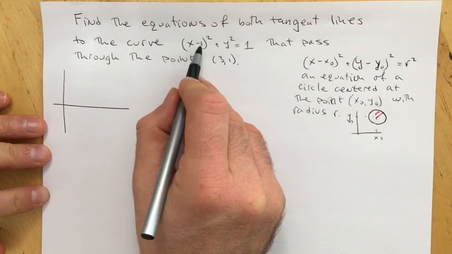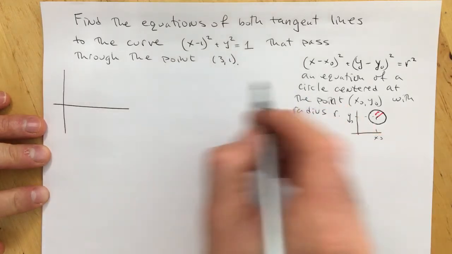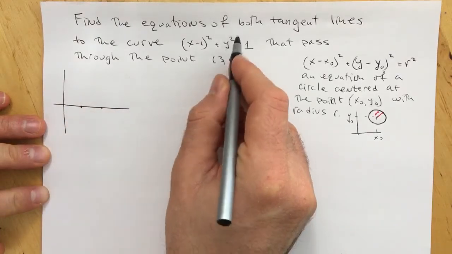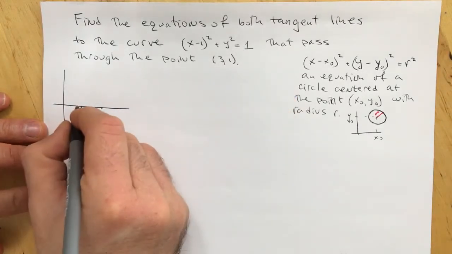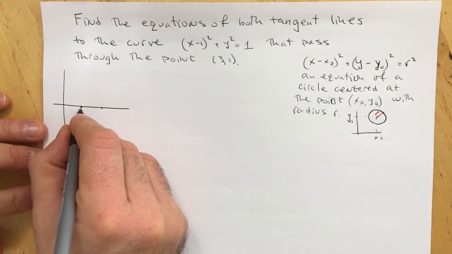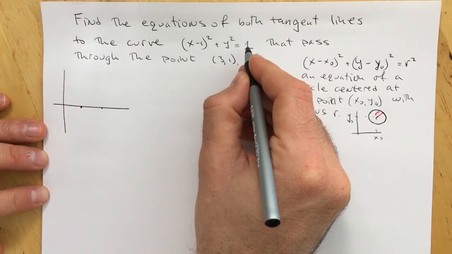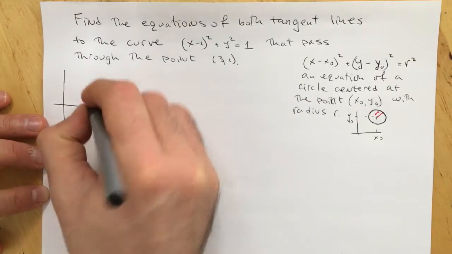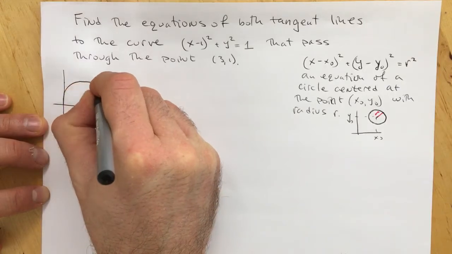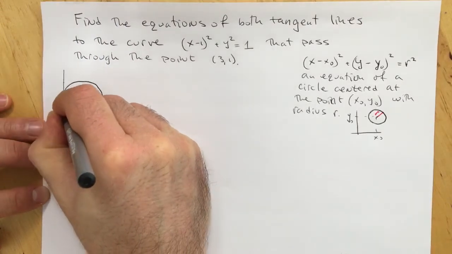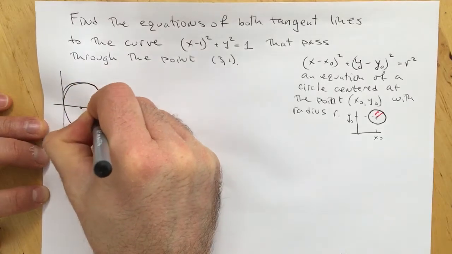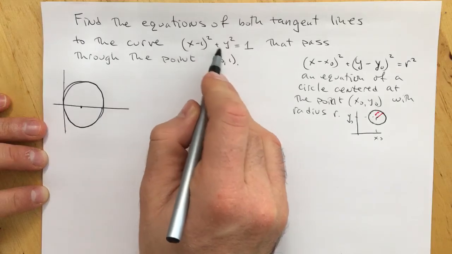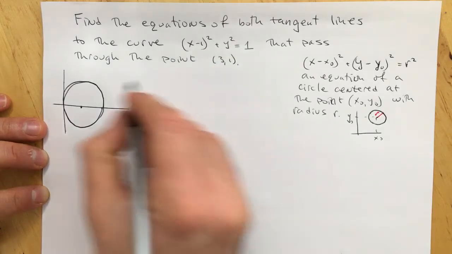I have x minus 1, so it's centered at 1. This is the center. And then just y², which means (y − 0)². So it's centered at the point (1, 0), and it has radius 1, since 1² is 1. So this curve here is given by the equation (x − 1)² + y² = 1.